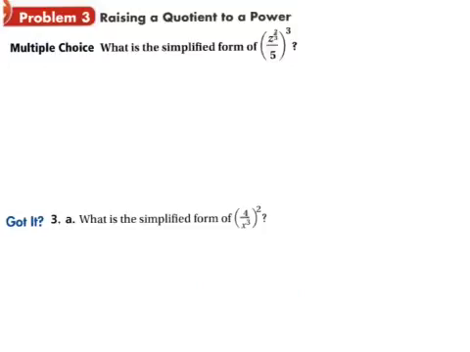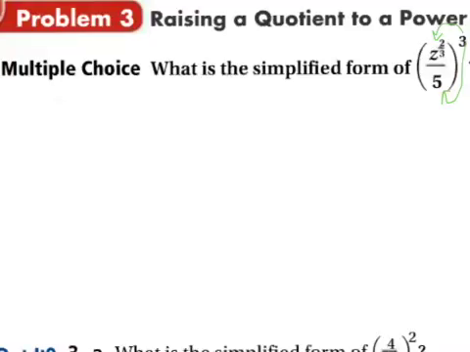This is problem 3, raising a quotient to a power. What is the simplified form of z to the 2/3 over 5 as a quantity raised to the third power? To begin this problem, we're going to distribute the outside exponent of 3 to both the numerator and the denominator of the fraction. I would have z to the 2/3 raised to the third power and then 5 raised to the third power.